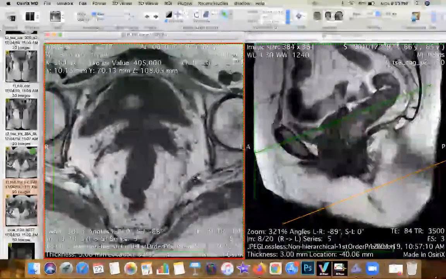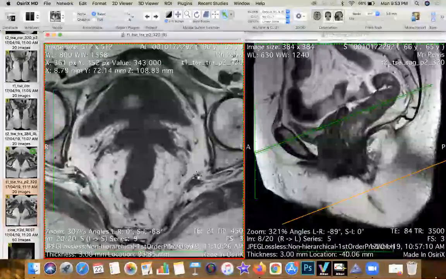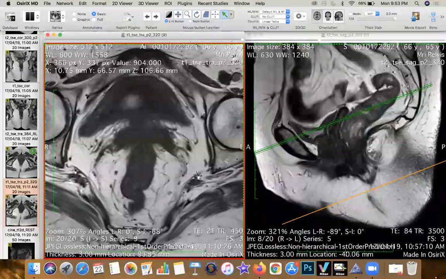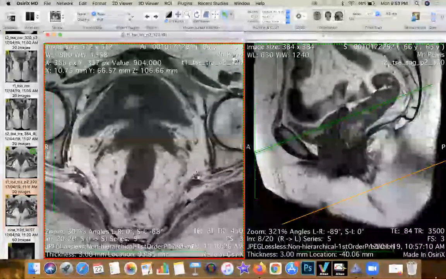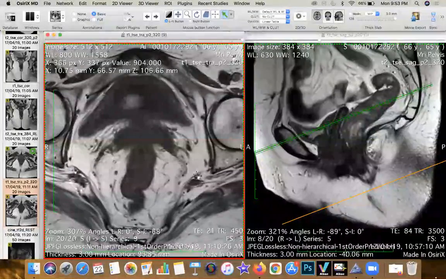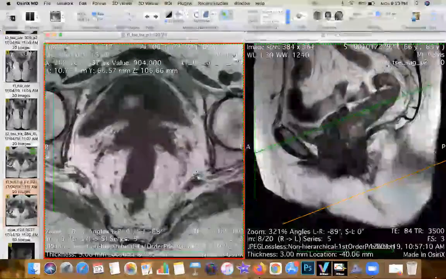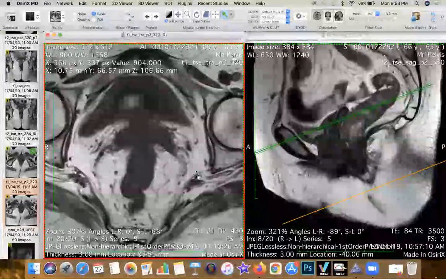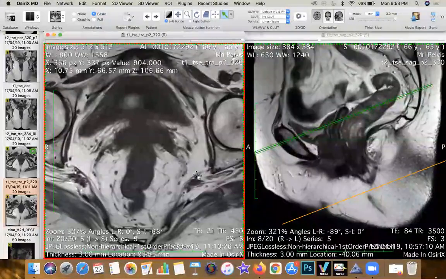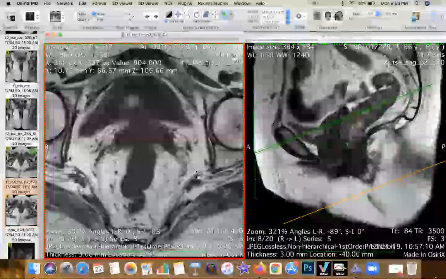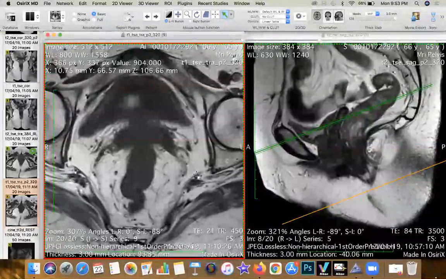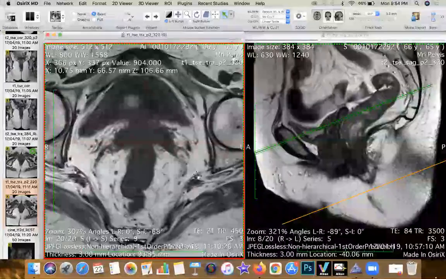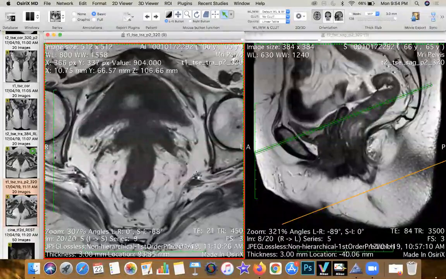Now, pathologies which tend to affect the lumbosacral plexus will also affect the pelvic floor itself, because you know that the pelvic surface of the levator ani is supplied by S3 and S4, which is part of the lumbosacral plexus, whereas the inferior aspect is supplied by the pudendal nerve.